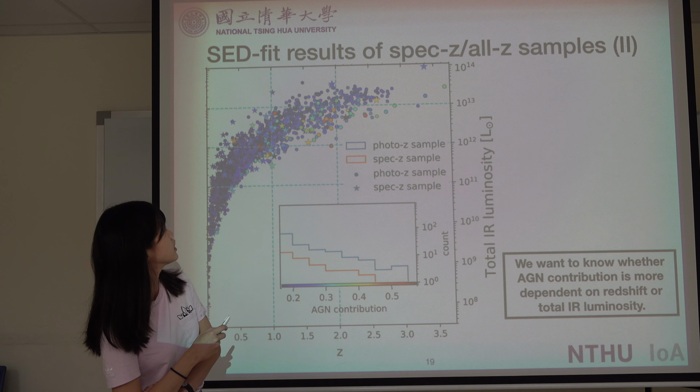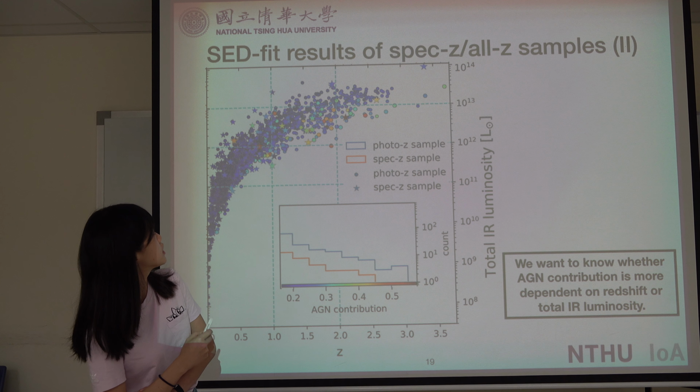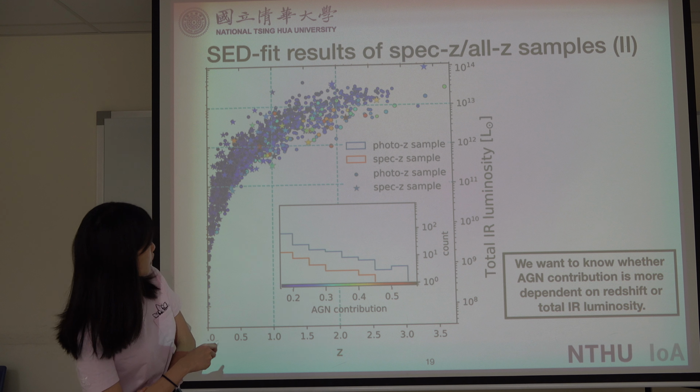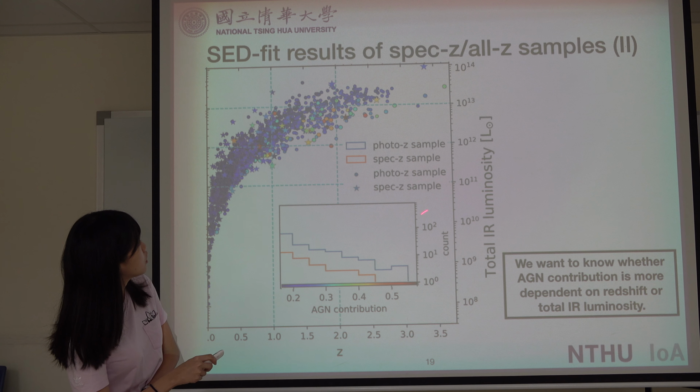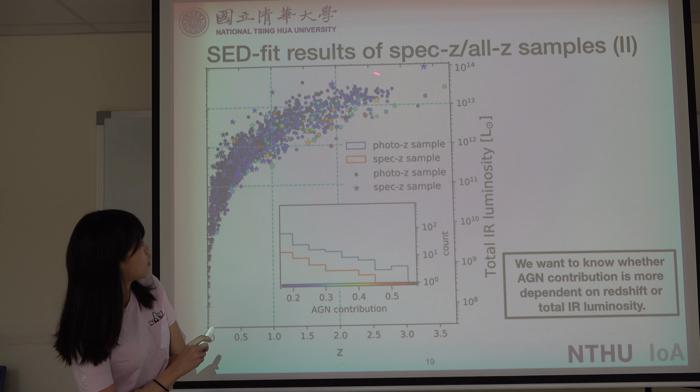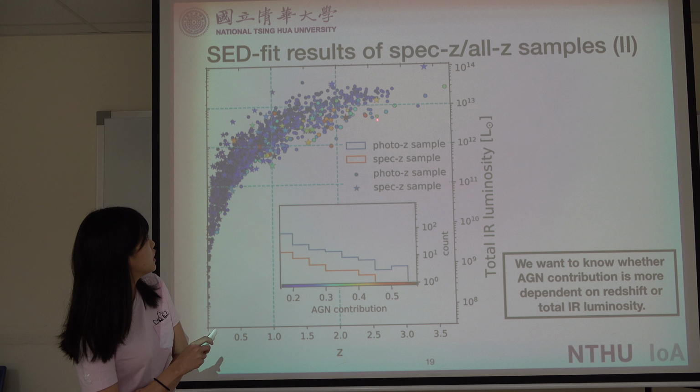And this is the result of our sample. So in this figure, we can see that when the total infrared luminosity is higher, the redshift is also higher. Also, the AGN contribution is higher here.